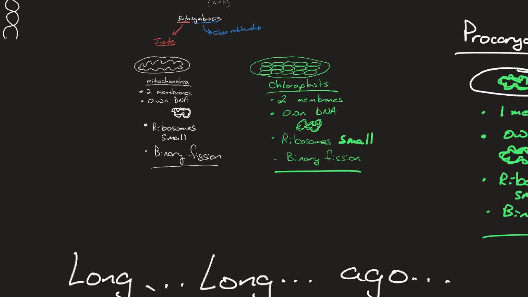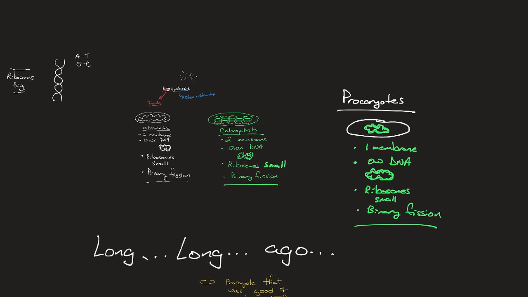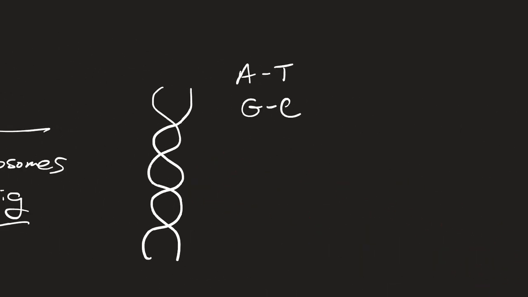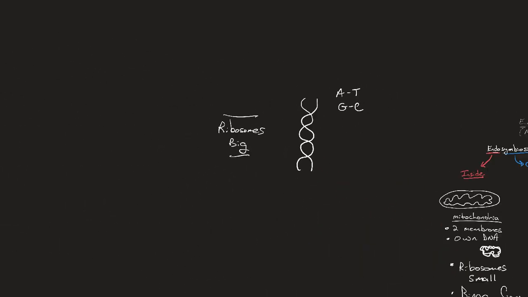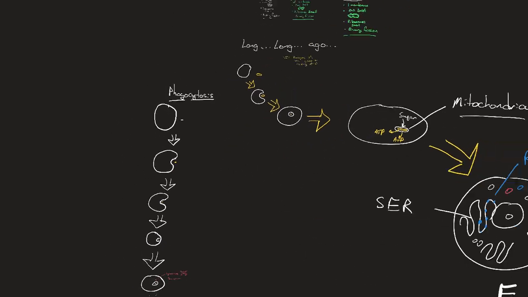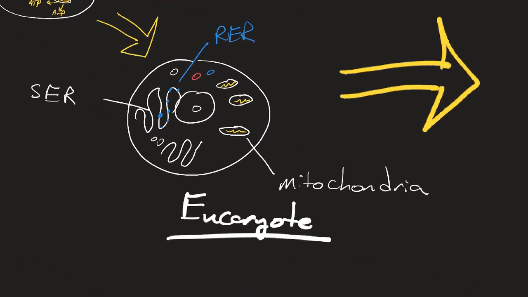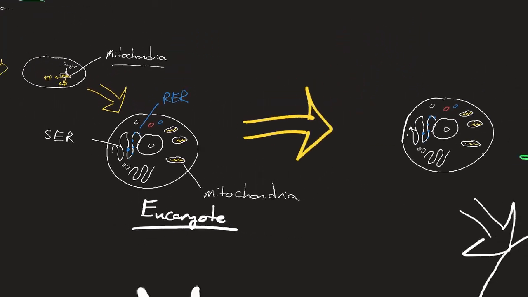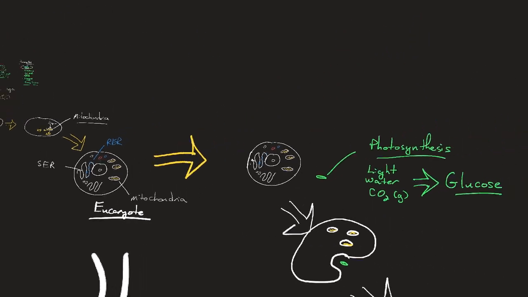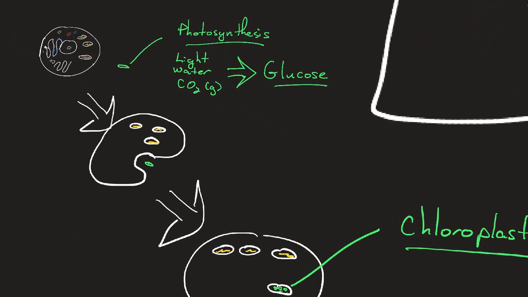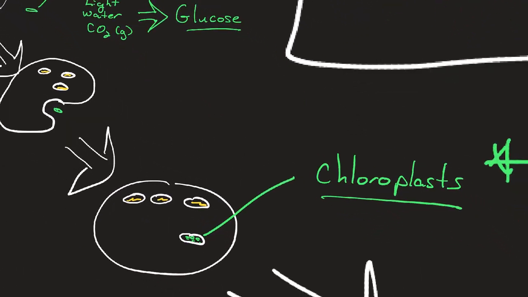You know the evidence for endosymbiosis, the fact that they share DNA. You need to know what the form of DNA is. You need to know what phagocytosis is. You need to know that mitochondria is in every eukaryote and that mitochondria makes ATP from sugar. You need to know photosynthesis makes glucose from carbon dioxide.